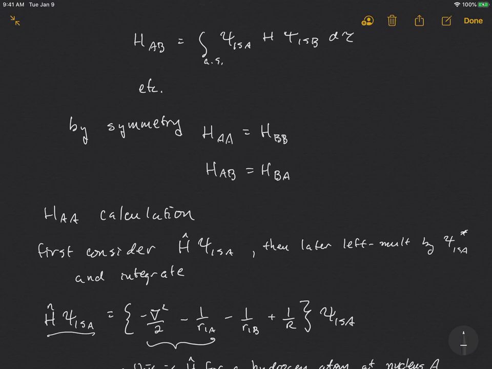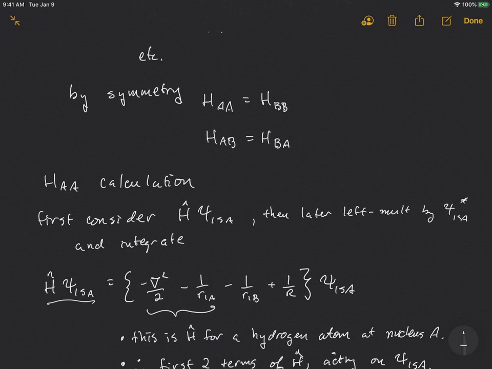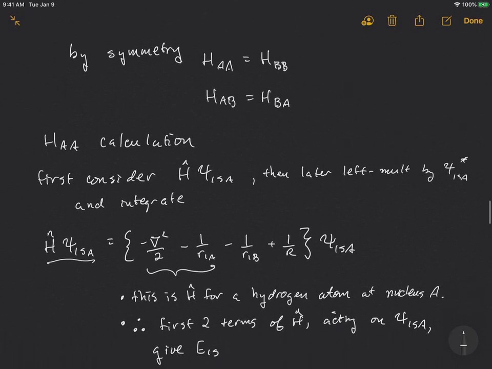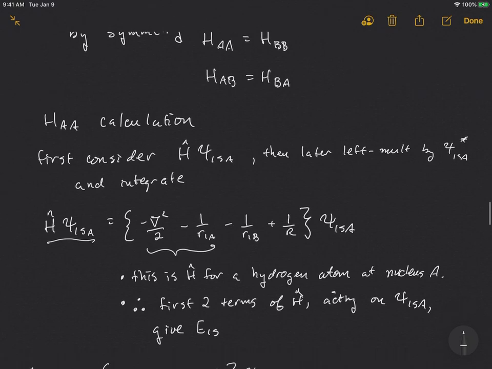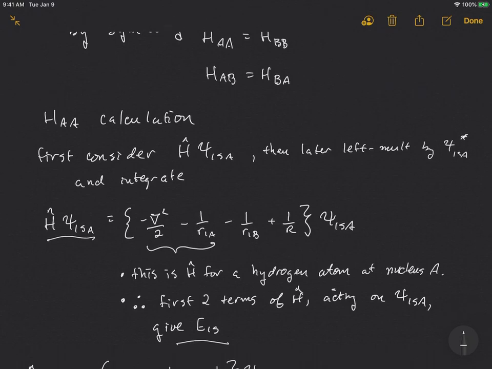The reason why it's good to do this in steps is that we notice that these first two terms in the Hamiltonian, the minus del squared over 2 and the minus 1 over R1A, are the Hamiltonian for a hydrogen atom placed at nucleus A. And psi 1sA is the solution to the Schrodinger equation for a hydrogen atom at position A. Therefore, these first two terms of the Hamiltonian are going to just give us E1s, which is the energy of a hydrogen atom in the 1s state.